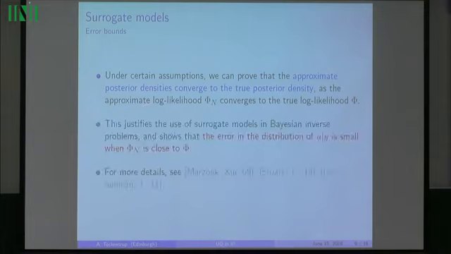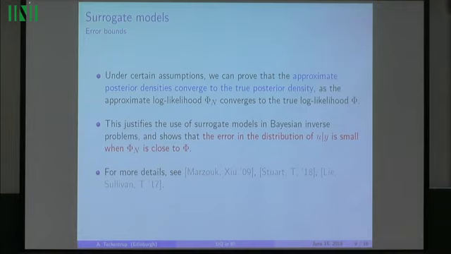Okay? So what this means is that this is a justification for the use of surrogate models in Bayesian inverse problems. This tells you that it is okay to use the surrogate model to approximate the true model, and it shows that the error that you're committing, so the difference that you get in your distribution on u given y, is small as long as your approximate surrogate model is close to the true model.